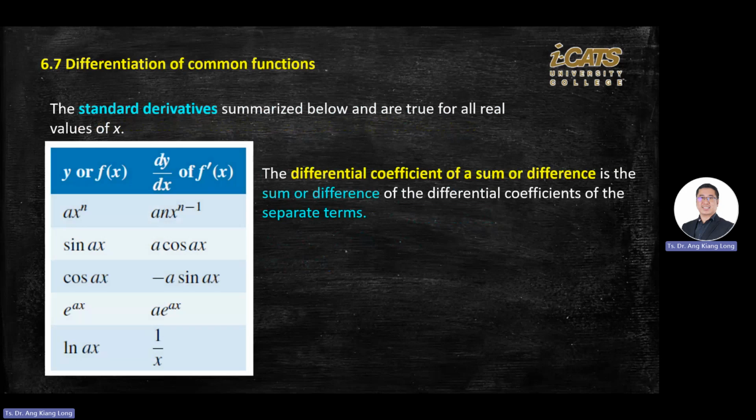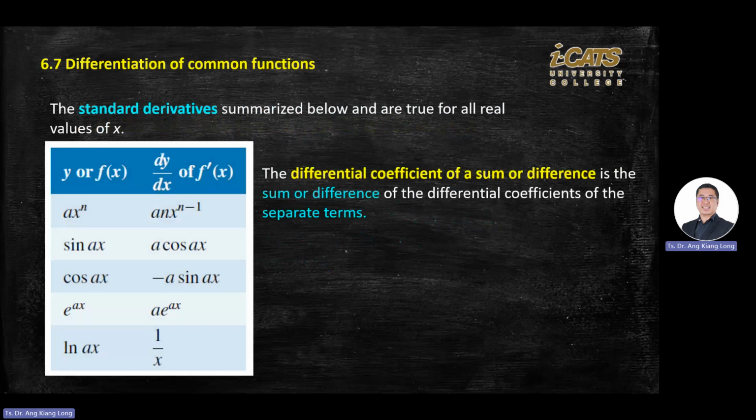This one will be given if your test covers sine, cos, and ln. You already covered this table in the previous class. If you differentiate a function f(x) = ax^n, you maintain the constant, pull the exponent to the front, and then take away 1, so n minus 1.